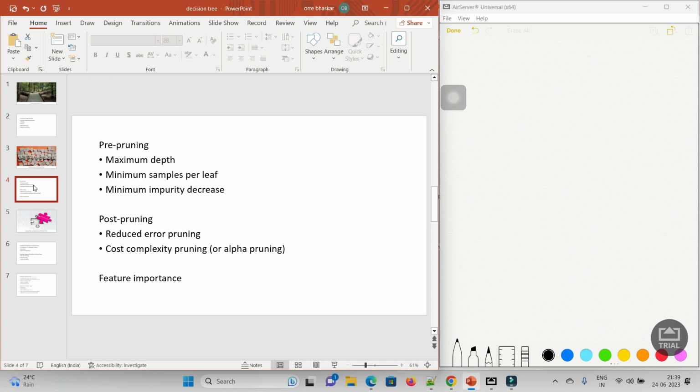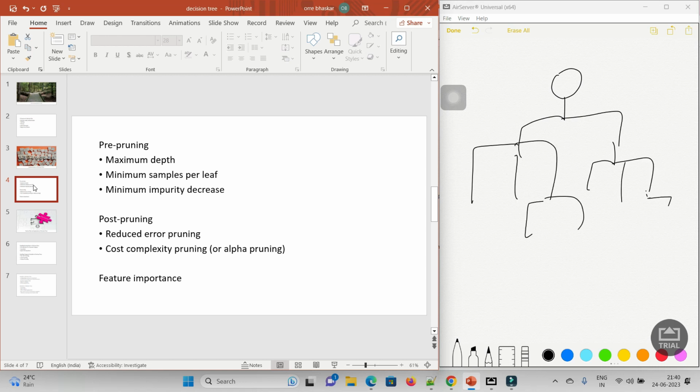Another exciting aspect of decision trees is their ability to reveal feature importance. By examining the structure of the tree, we can identify the most influential features. In simple terms, feature importance is based on the average distance of a node from the root. Let's take a tree. This is the root, and you have branches.